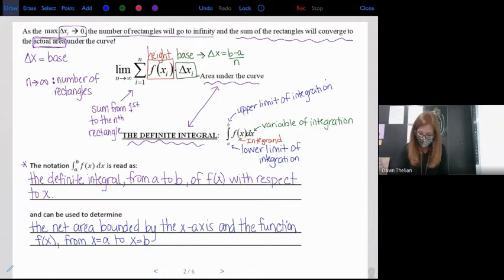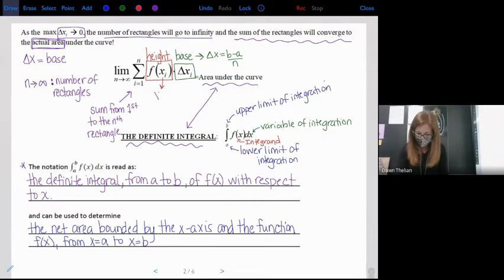So x sub i each time is going to be starting with a, the beginning of the interval, and then adding delta x however many times we've moved over. So times i. Starting at a and then adding delta x however many times we've moved over. That's going to be the x value that we're plugging in.